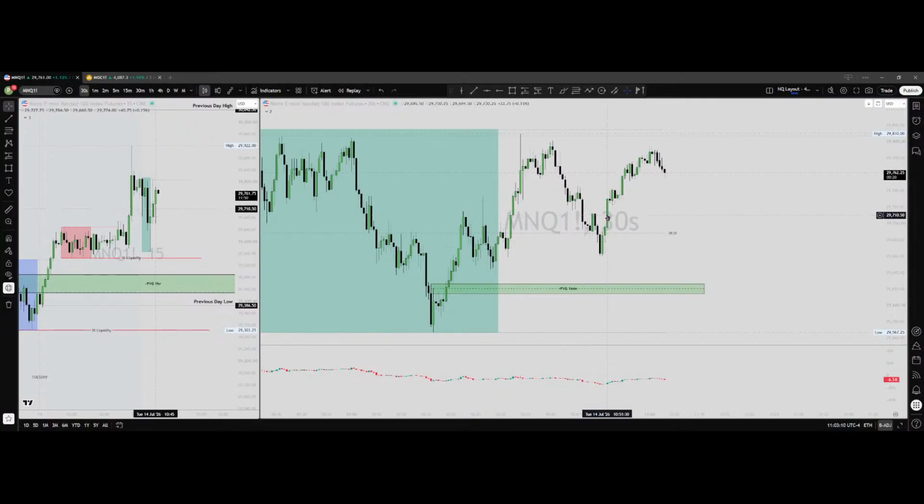Then we got the same second signal here, which worked. We could have entered on this IFVG expecting longs, with 35 points of stop loss, and the TP would definitely have been 185 points, 108 points.